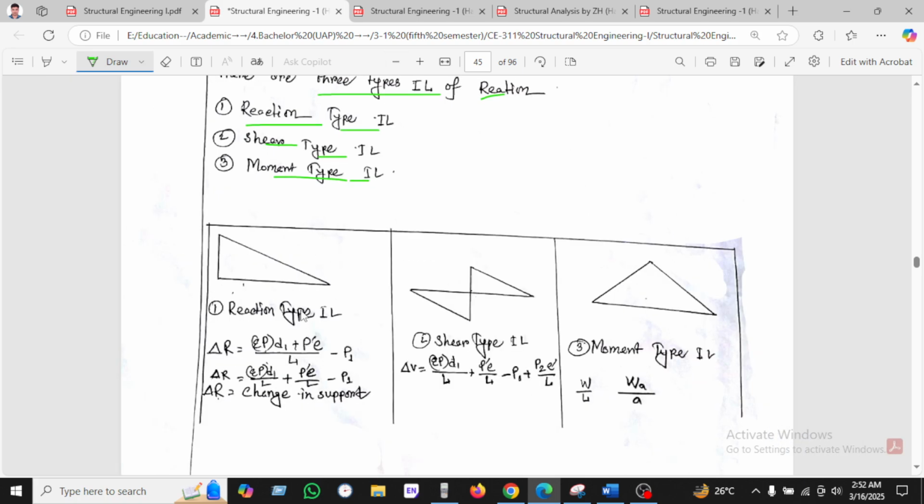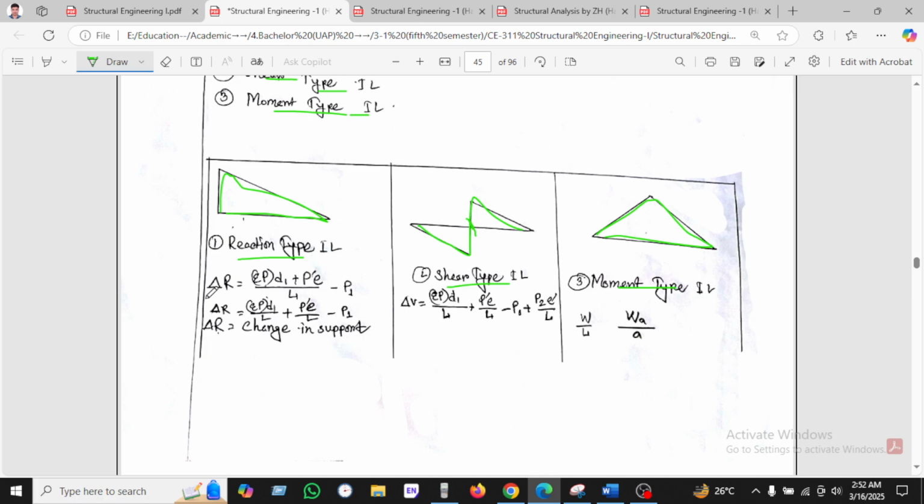So there are three diagrams of different influence lines. The reaction type diagram will be like this, and the shear type influence diagram will be seen if we cut the beam, and it will act like this. Another one is the moment type influence line, which will act like this.